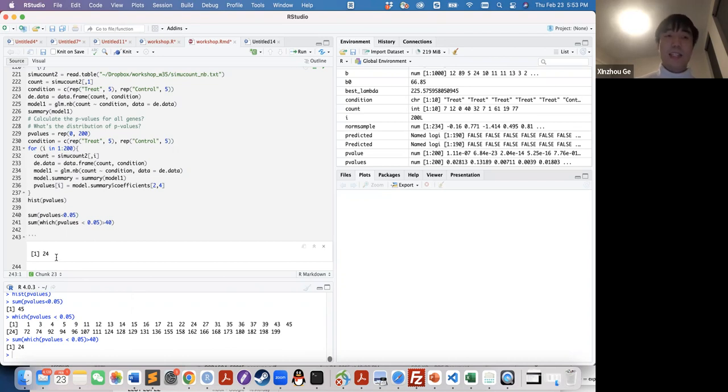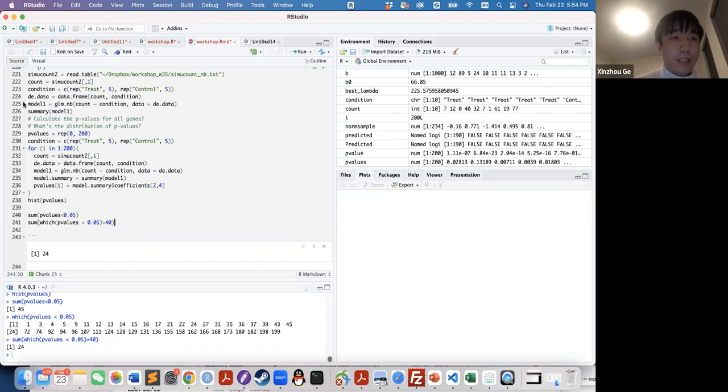So do you think it is a very large proportion? Okay, this is for the negative binomial regression, and we can do similar things for the Poisson regression. And those results will be even more interesting.